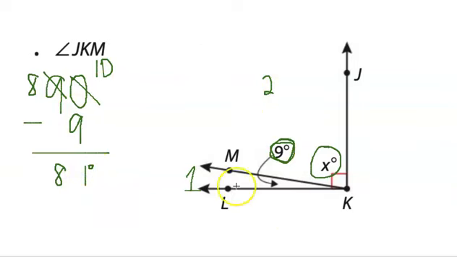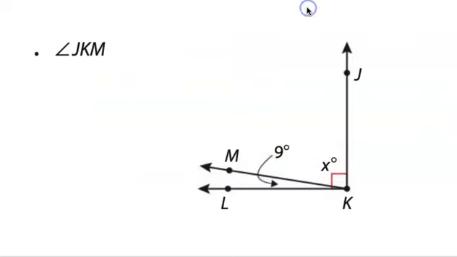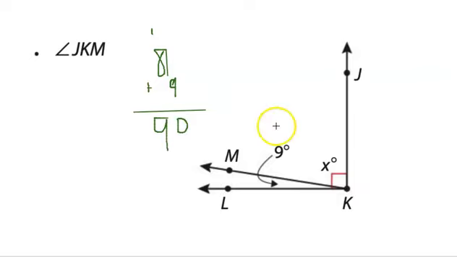And I know that if I add my 2 parts together, they have to equal 90. So if I had 81 plus 9, I would get 90.